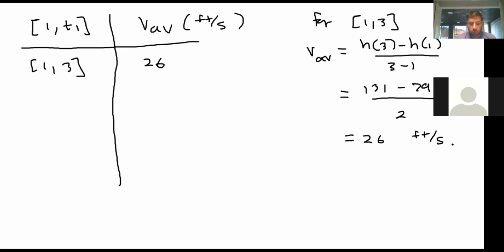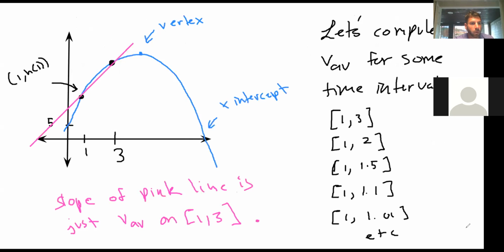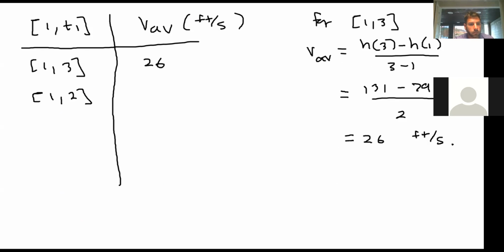All right, so the next thing we want to do: we asked what happens if we go from 1 to 3. What if we shrink that time interval down and just consider what happens from 1 to 2? Well, if I compute this, we get that our average velocity is 42.